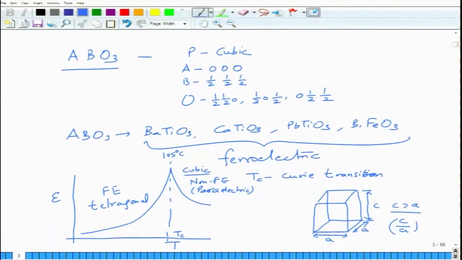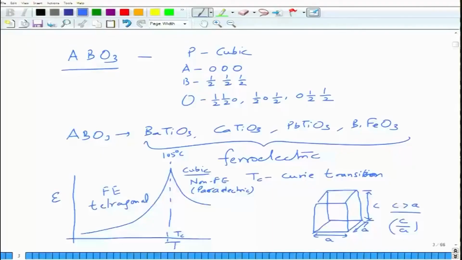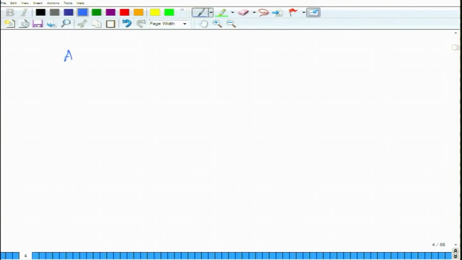Many of these perovskites in the ferroelectric state, in fact all of them, are non-cubic, which is necessitated by the requirements of ferroelectricity. Ferroelectricity cannot occur in cubic compounds, but at higher temperature they become cubic. So, this is the difference between cubic perovskites and non-cubic perovskites. Above Tc the structure will typically be cubic.